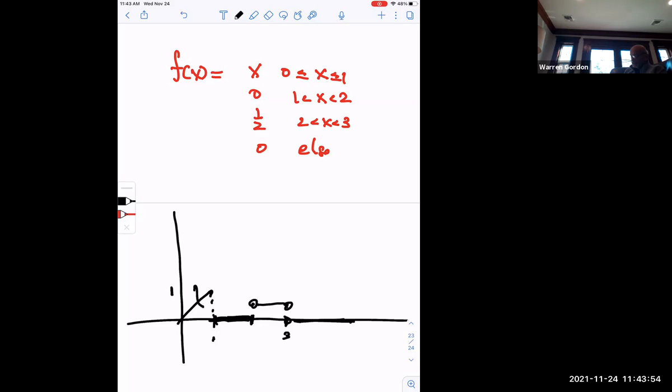By the way, to show it's a PDF, this area is 1/2, this area is 0, this area is also 1/2, but the total area under the curve is 1. So this could represent a probability density function.